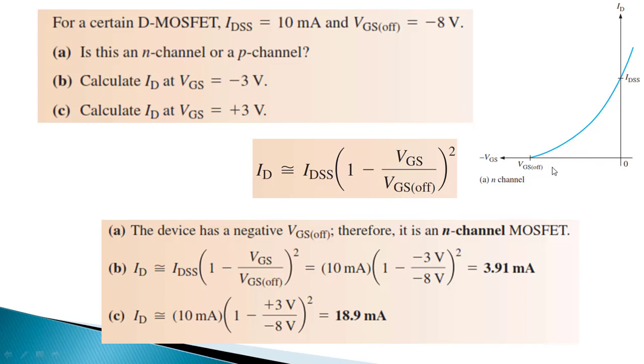If the VGS is negative, it is called depletion mode. If the VGS is positive, it is called enhancement mode. So both values are given and we calculated the corresponding drain current. Note that this ID in enhancement mode is greater than the IDSS. This is one simple problem.